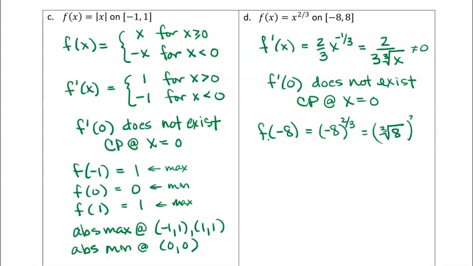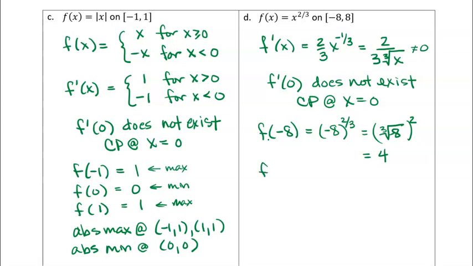That's the same thing as a 2/3 power, it's a 1/3 power squared. So the cube root of -8 is -2, but then when I square -2, I get 4. Because 8 is a perfect cube. It's 2 cubed, so the cube root of 8 is 2, but cube root of -8 is -2. Square it, you get +4.